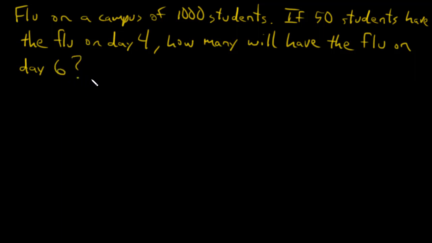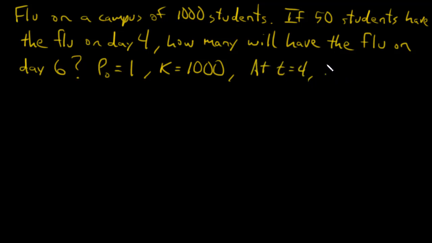Okay? So we're going to assume that the flu starts with a single student. So our P naught is going to equal 1, and you'll always be given the P naught in the problem. Our K is equal to 1,000. That's the maximum population since it's limited to the number of students. And we have at T equals 4, P of T equals 50. Okay?